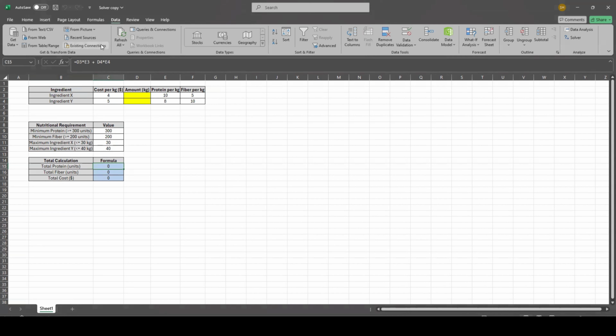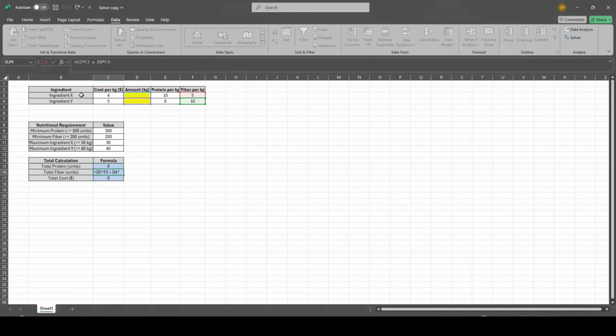So total protein, how is it calculated? It's the amount in kg for ingredient X times the protein per kg for ingredient X, plus the amount in kg for ingredient Y times the protein per kg of ingredient Y. That will give us the total protein. Similarly, for total fiber, just click on the formula and it will highlight the cells.